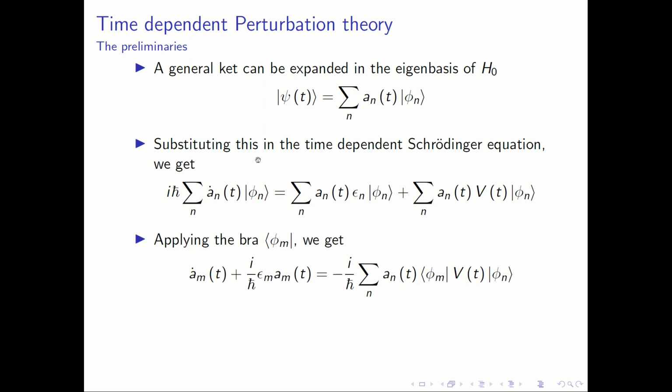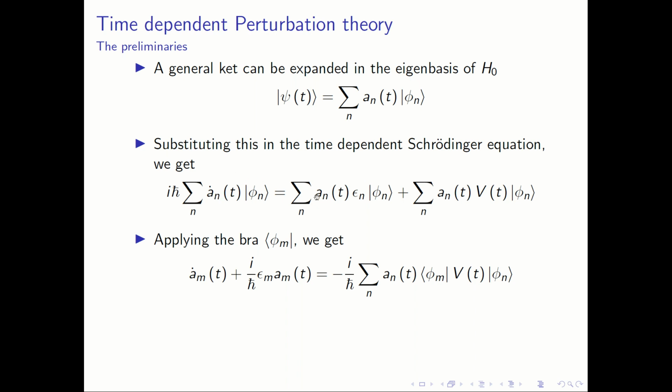So, in order to change this set of equations between vectors into equations involving ordinary numbers, we just apply the bra phi m, which of course is a linear functional, which changes vectors into numbers. So, when you apply bra phi m here, this of course gives you delta mn. So, this gives rise to a m dot of t. This term gives you iħ a m dot of t.